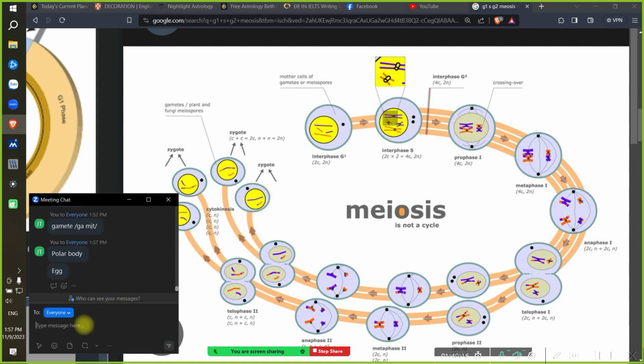The other 3 will degrade and become polar bodies that will feed the egg with nutrients. Does that answer your question? Yeah. Thank you so much.